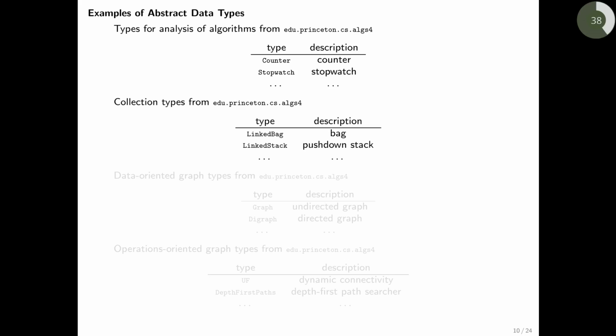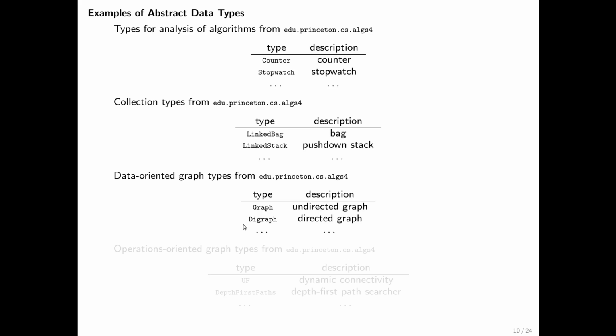Some more types, we'll talk about these in a future lecture: LinkedBag and LinkedStack. These are abstract data types representing a bag data structure and a pushdown stack. There are abstract data types representing graphs. We'll talk about this later as well. So Graph represents an undirected graph, and Digraph is an ADT that represents a directed graph.